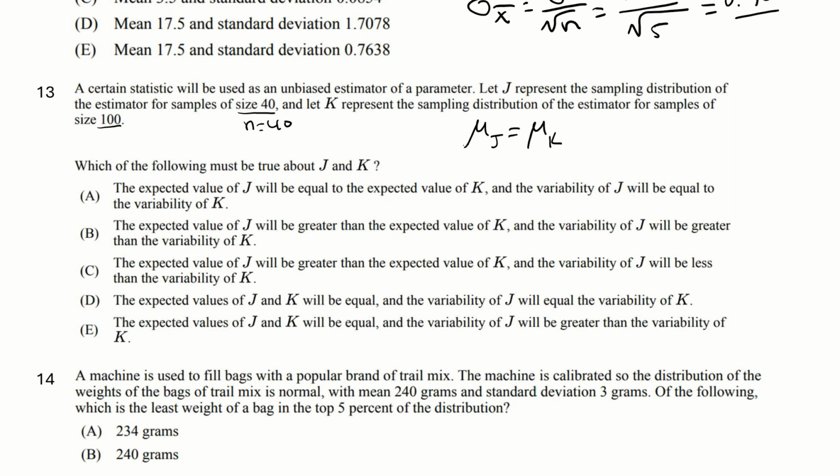Because you're taking the sampling distribution of the estimator, right? So that makes sense. So the expected values will be the same. However, the standard deviations will not be the same, right? So sigma J does not equal sigma K, because remember that sigma J is going to be sigma over square root of nJ.